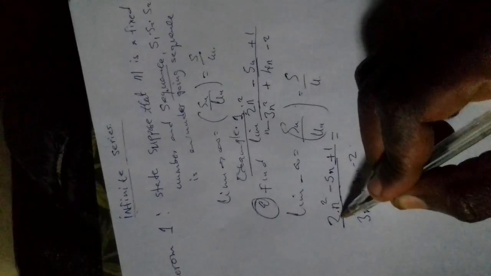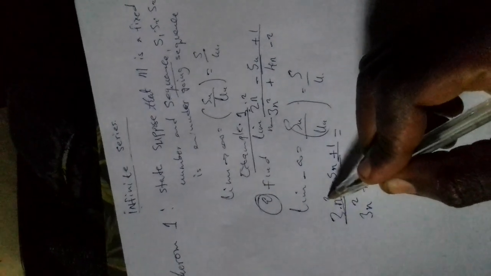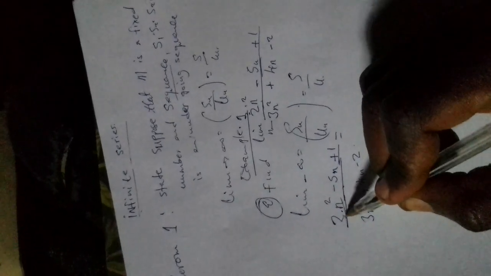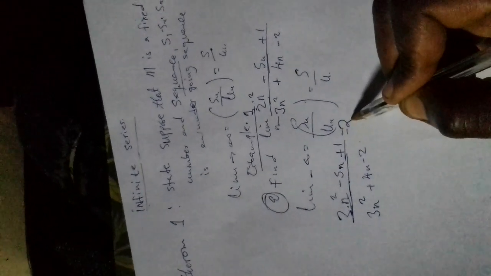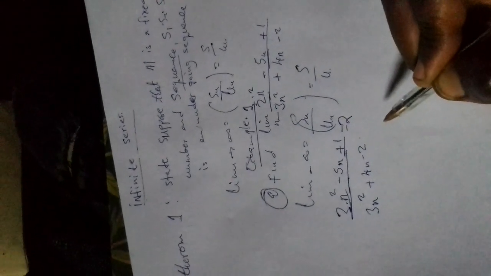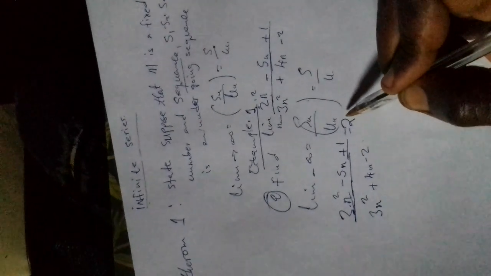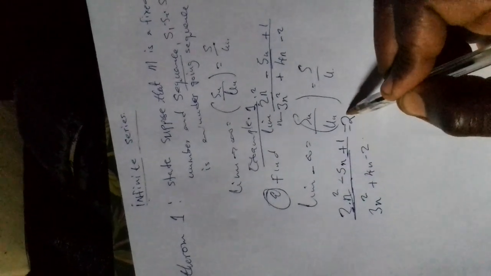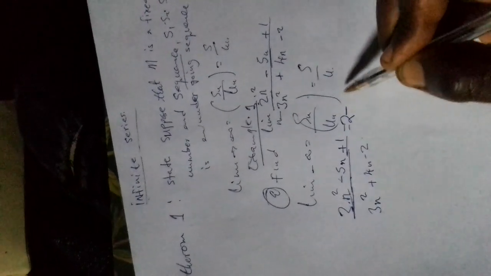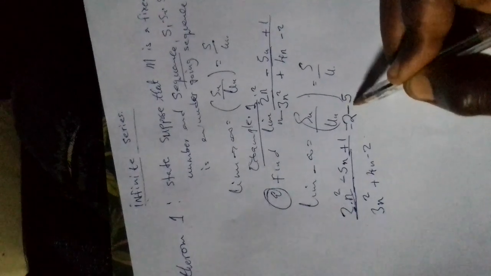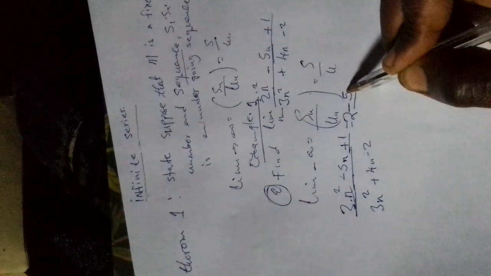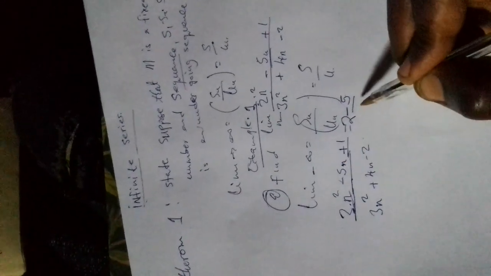Since this term has n squared, you pick this 2 and write that 2 here. Then this sign is minus, you indicate it. Then you write this 5 on top as numerator, and this n as denominator.